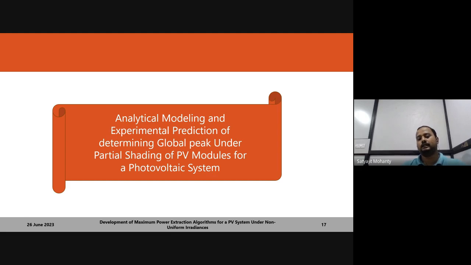Next, this part will be very interesting. When I did some research work in photovoltaics, I thought about modeling PV panels mathematically. For that I developed a pattern which I proposed, and I compared it with the conventional patterns available. I found that my pattern is more promising, more efficient, and has a high fill factor compared to the conventional ones.